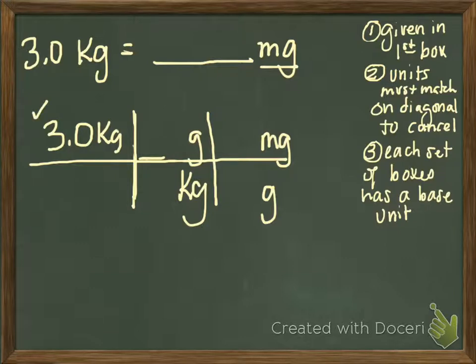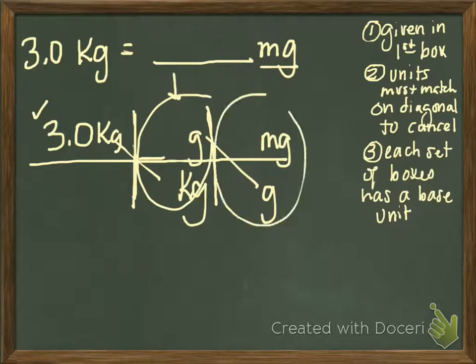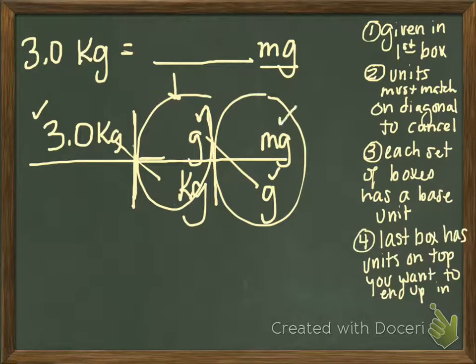Check. In each case, our units match on the diagonal, so they'll cancel. Each set of boxes has a base unit. Here are our grams. And our fourth rule, our last box has the units on top that we want to end up in. Okay, so far so good.